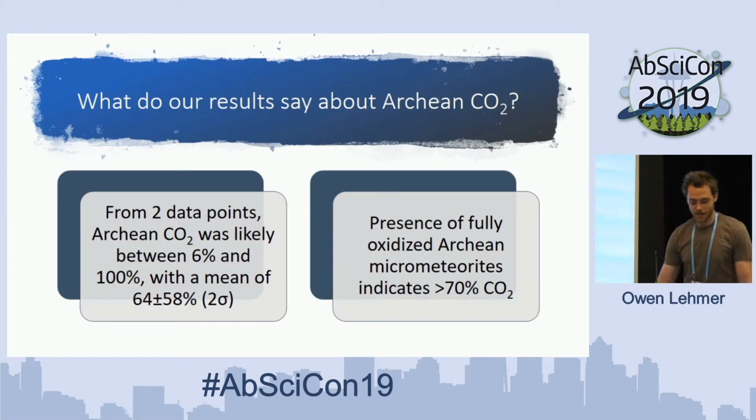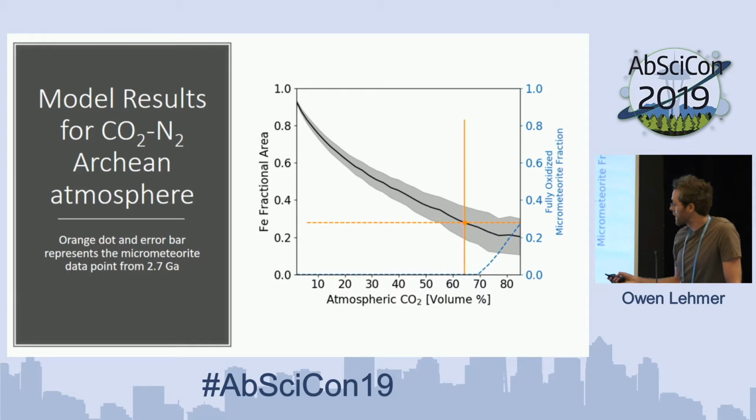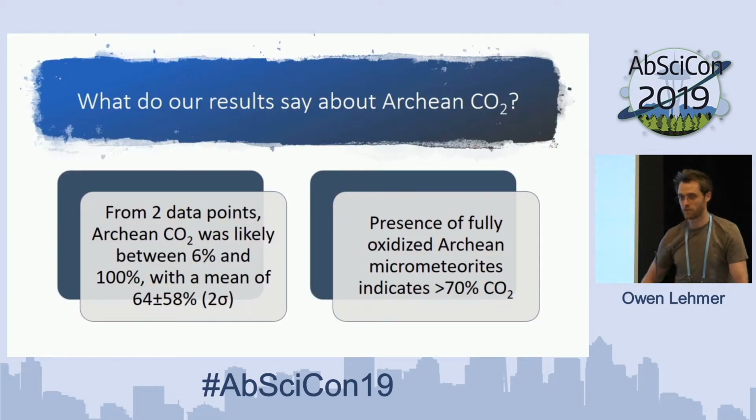So what does that tell us about CO2 in the Archaean? Well, the reason that the error bars are so bad on that orange dot that you see here is that we only have two measurements from the Archaean data to constrain that point. So we have really big uncertainties on that. But this is something that could be easily addressed by collecting additional micrometeorites. Fortunately, there were fully oxidized micrometeorites in the 2.7 billion-year-old samples.